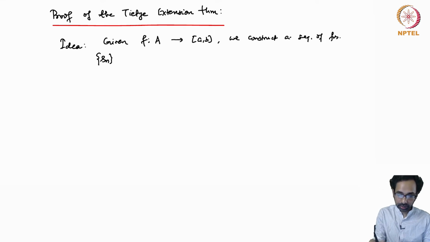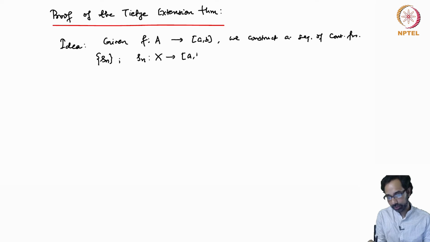So Sn is a sequence of continuous functions. Each Sn is now defined on the whole space X and taking values in [-1,1].